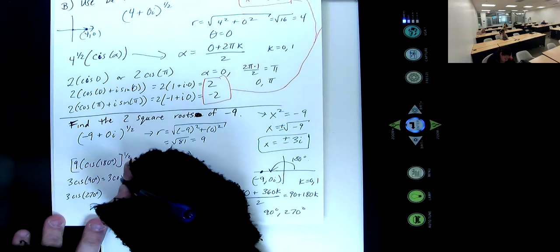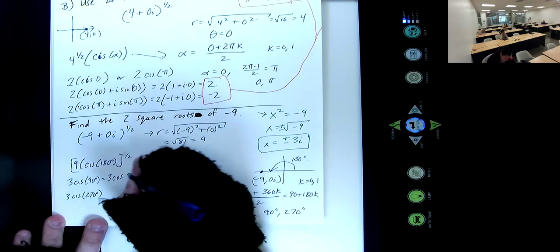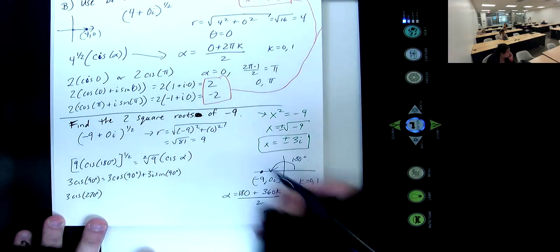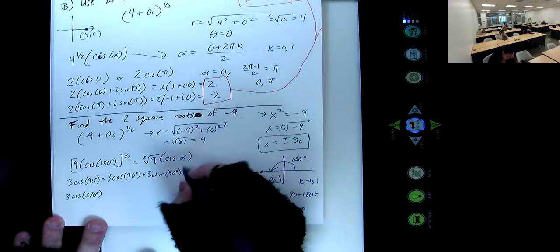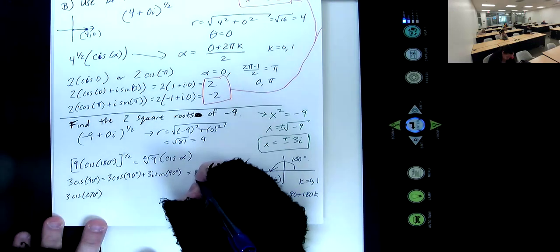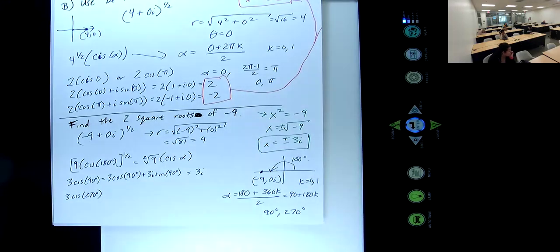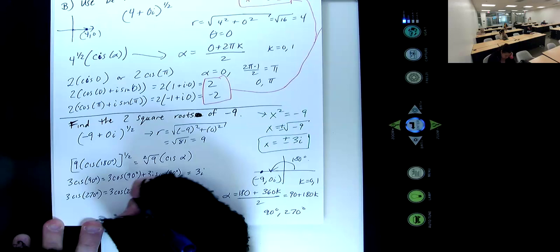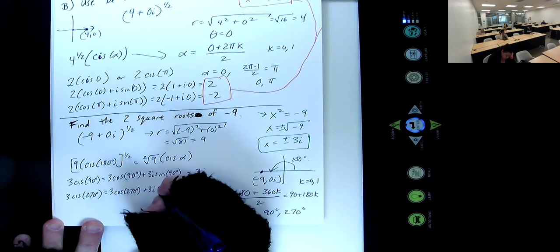Three cosine of 90 plus 3i sine of 90 is just 3i. Cosine of 90 is 0 and sine of 90 is 1. And this is 3 cosine 270 plus 3i sine 270.